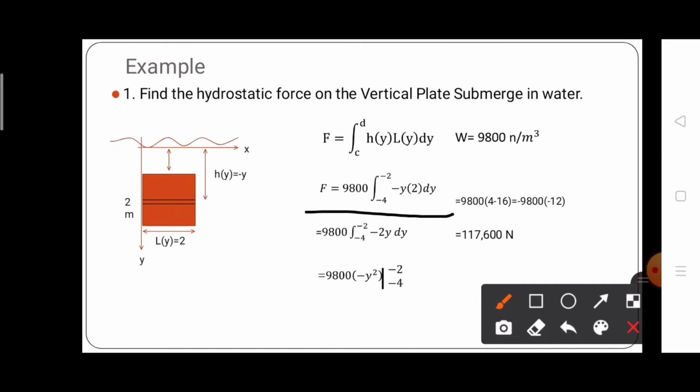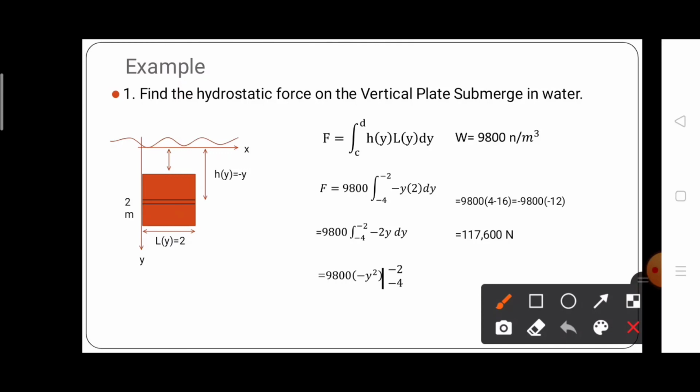We are done substituting the values of the weight density, h(y), and l(y). Now we have 9,800 times the integration from negative 4 to negative 2 of negative y times 2 dy. Simplifying, we have 9,800 times the integration from negative 4 to negative 2 of negative 2y dy. The integral of negative 2y is negative y squared, from negative 4 to negative 2.